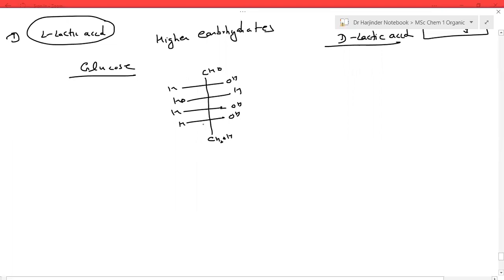You have to look at the position of the hydroxyl group on the lowest chiral carbon. So here in this case, is it D-glucose or L-glucose? It is D-glucose. Why? Because this hydroxyl group is present on the right side.